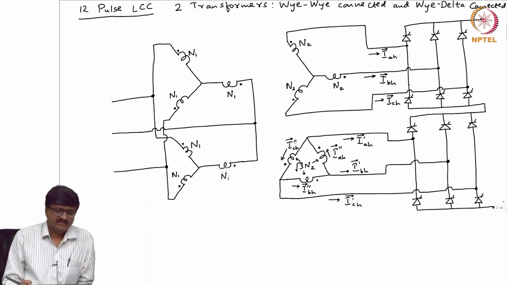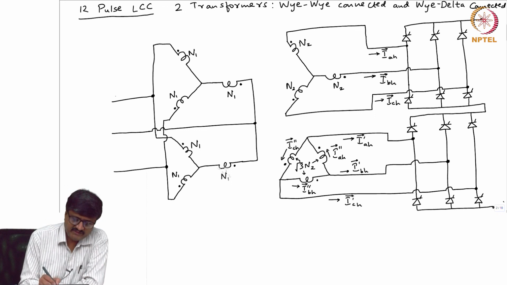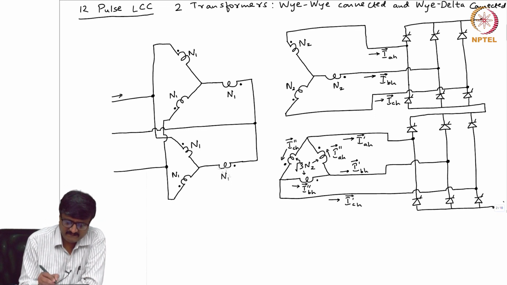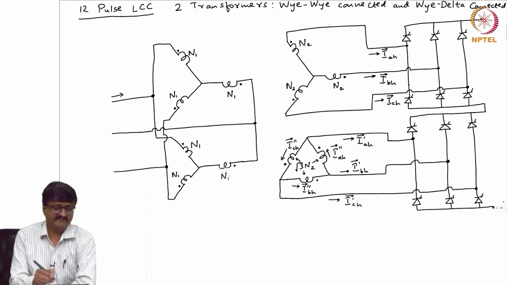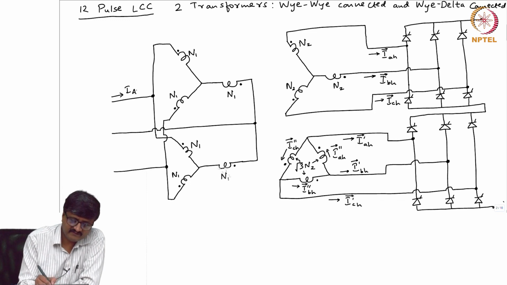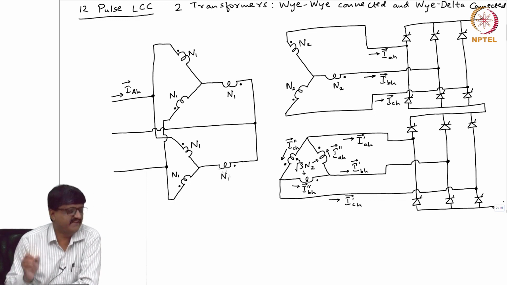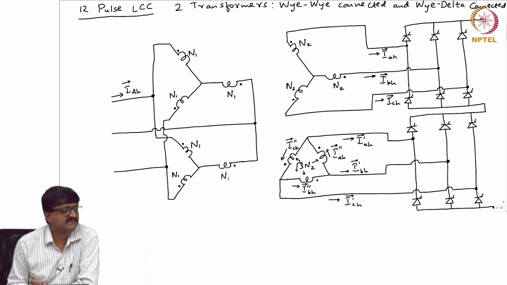Okay. Now, I will also show the currents that flow in these wires. Let me take one by one. What is this one? The current here, A phase current or B phase or C phase? A phase. So, it is IAH. I use an uppercase A just to differentiate from the other.